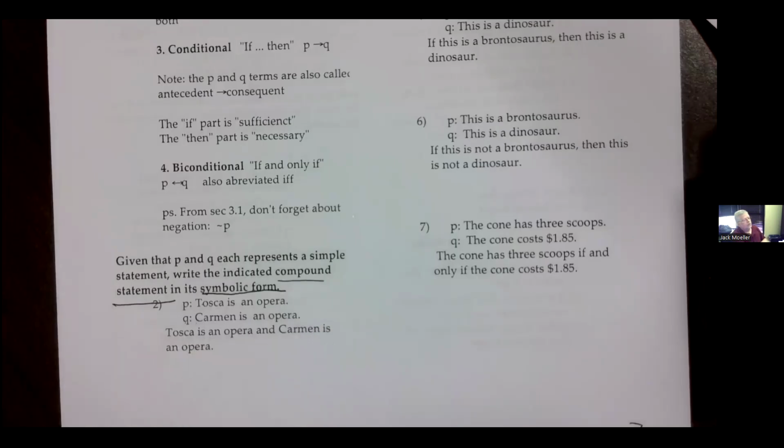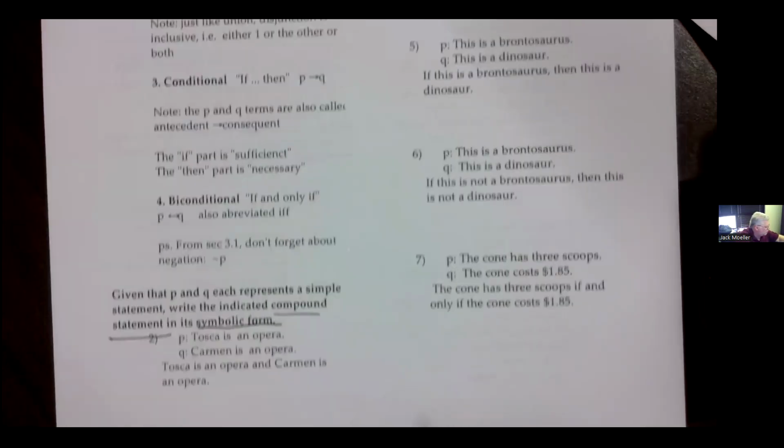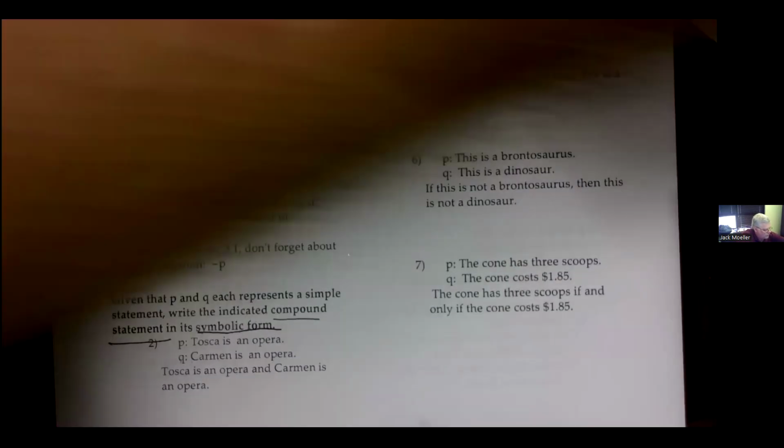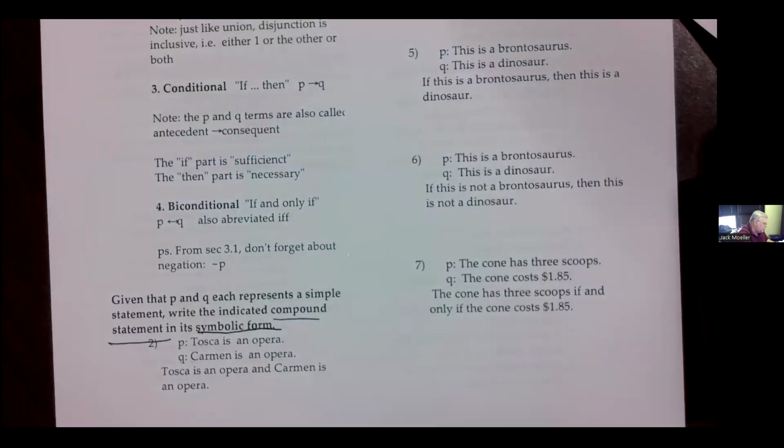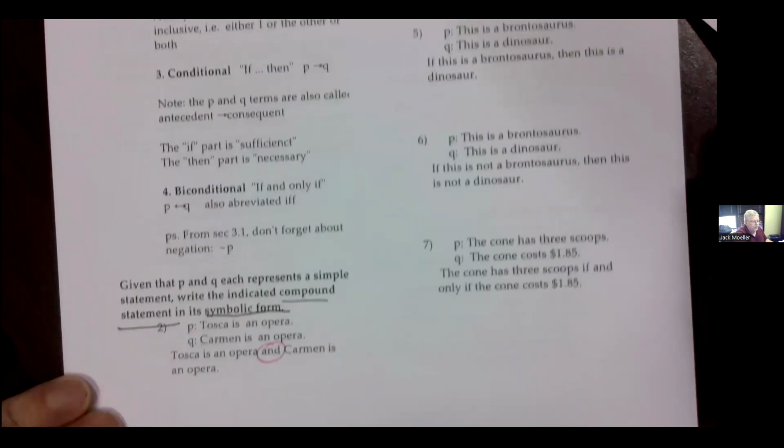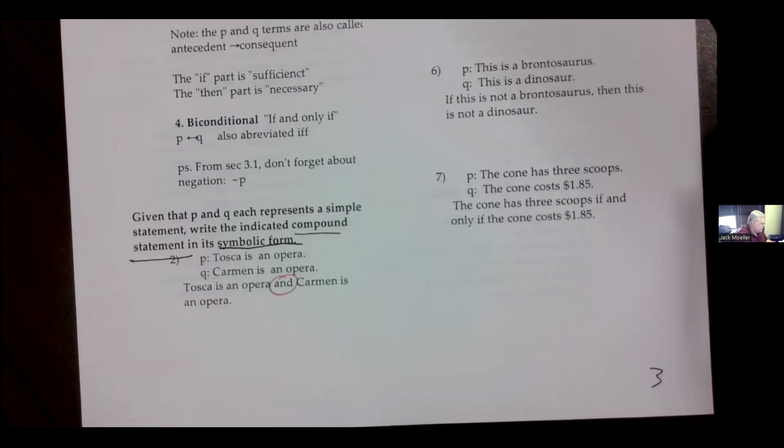Since we're dealing with two statements, what separates the two statements? That's where I start with these. I really wish I had a highlighter. Tosca is an opera and Carmen is an opera. So we know we're dealing with an and. What symbol is an and?